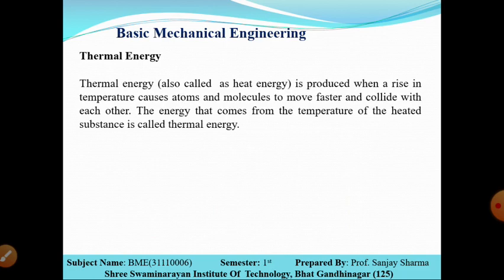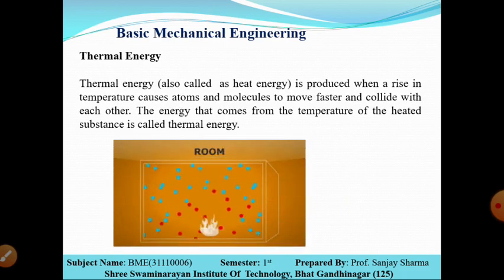Second is thermal energy. What is thermal energy? It is also termed as heat energy. Thermal energy is produced when a rise in temperature causes atoms and molecules to move faster and collide with each other. You can see here a particular room or area is taken, and heat energy is supplied. Because of that, there is motion in the molecules or atoms and they start moving.